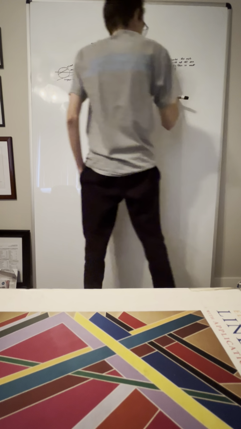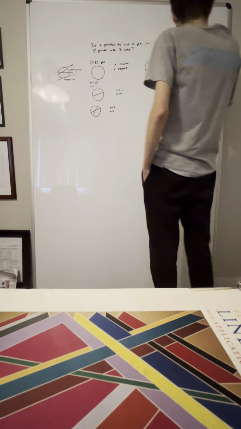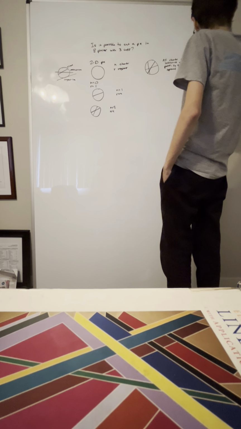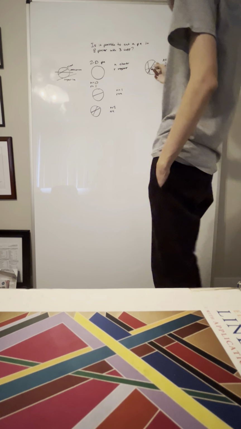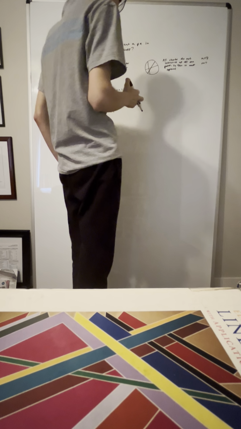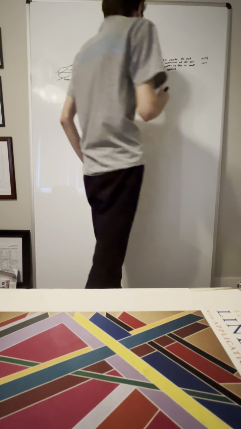Notice here that this case produces for us n equals 3 chords or cuts, but we're one region short if you add them up. So that's going to be kind of a problem for us.